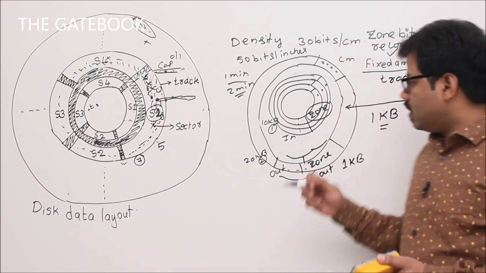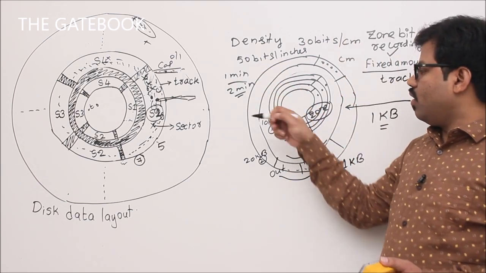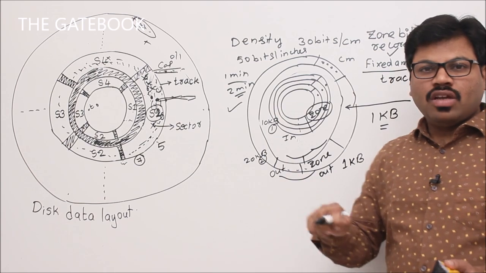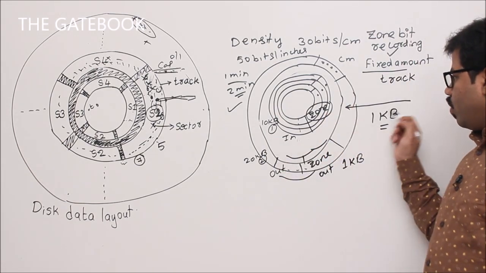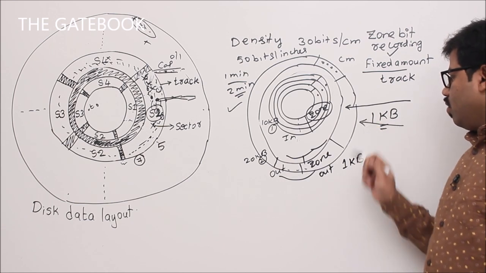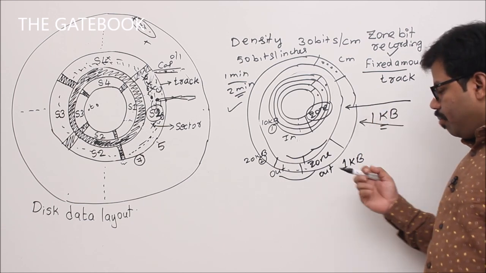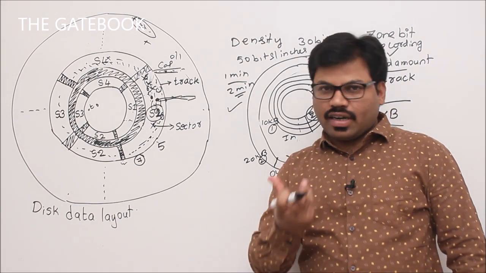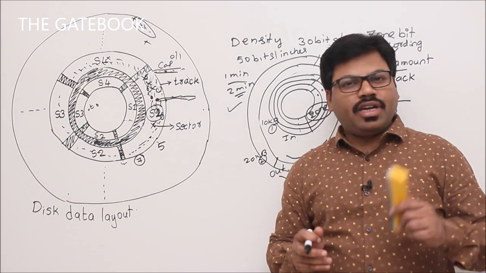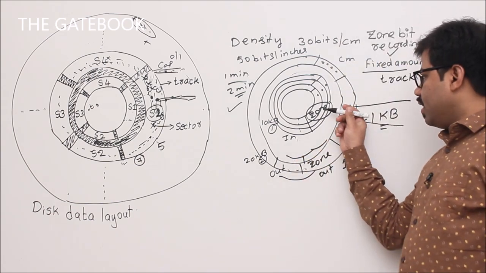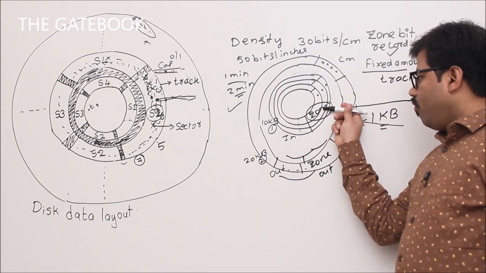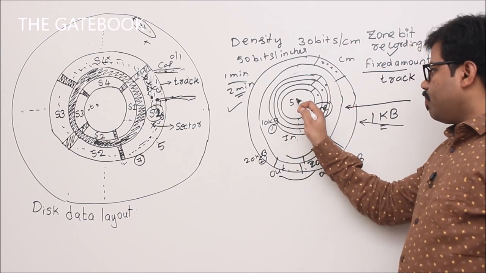But it is difficult. Already I told you the previous design was simple, but here the design will be complex, because of retrieving the data. For example, when you are in the outer track, how much time should the plate be rotated so that you get the right amount of data? Everything will be difficult. A more complex circuit is required, because when your head is here, half rotation gives 5 KB.